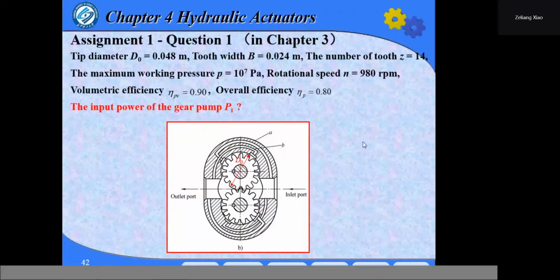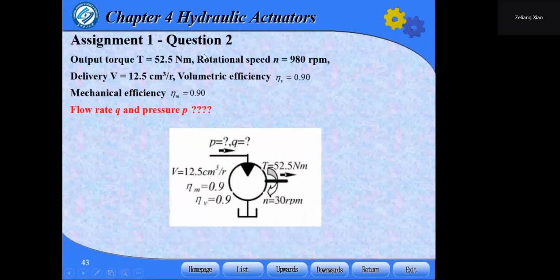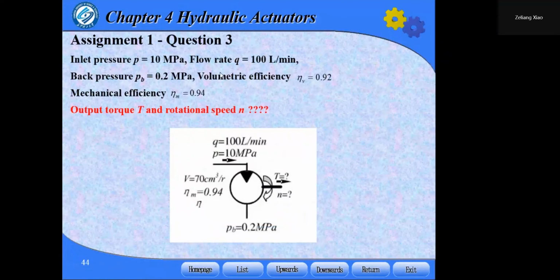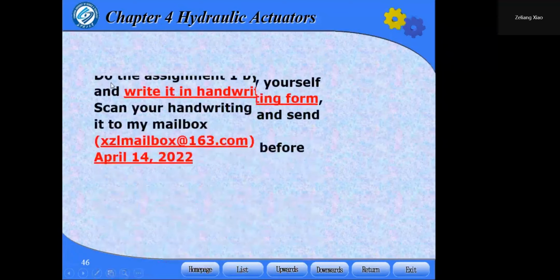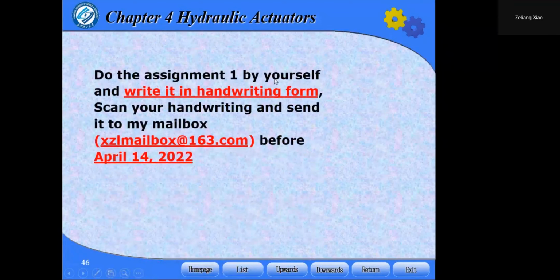And then we have assignment 1, question 2. This is question 2. This is question 3. The last one is question 4. The requirement is to do assignment 1 by yourself and write it in handwriting form, scan your handwriting, and send it to my mailbox before April 14.